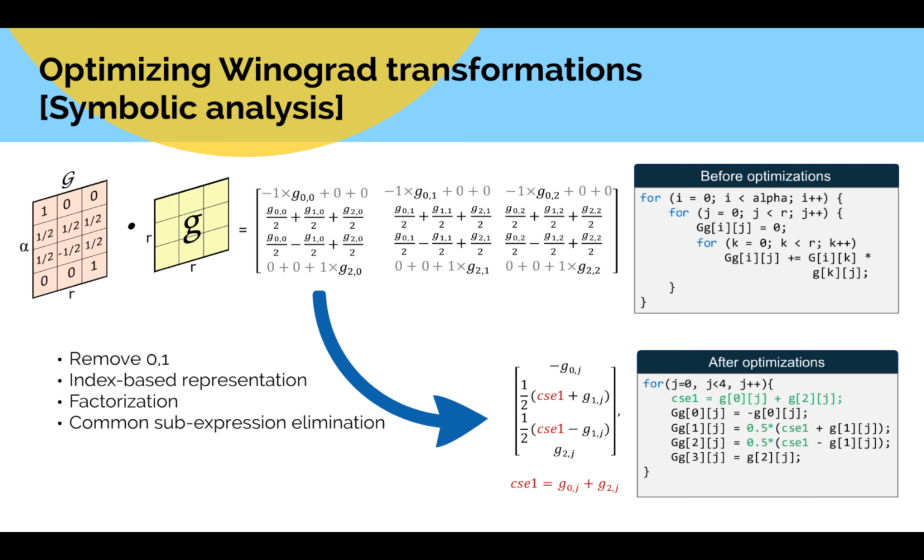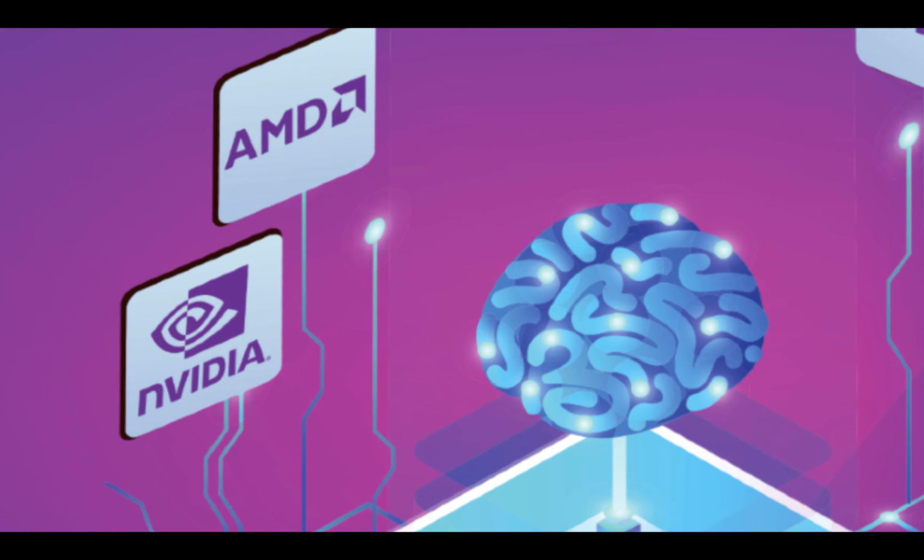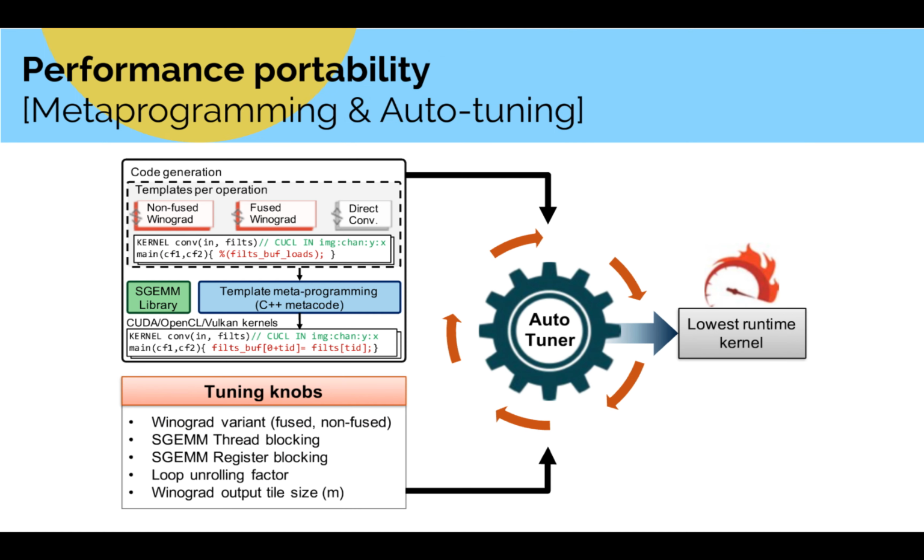which can also be unrolled if necessary. We can implement Winograd convolutions in 2 different ways, non-fused and fused. A fused implementation is often desired as it reduces the GPU memory transfer by merging all the Winograd steps into a single kernel. We define a template for each implementation and then let the code generation fill the placeholders and generate the code for any GPU platform using OpenCL, CUDA, or even Vulkan.